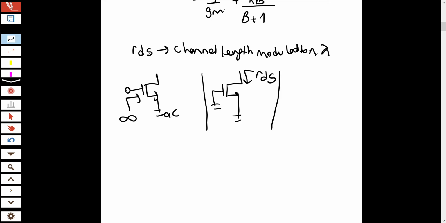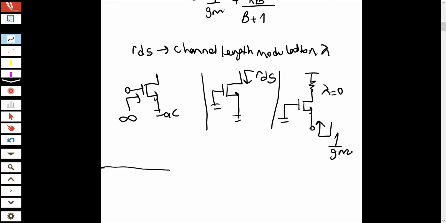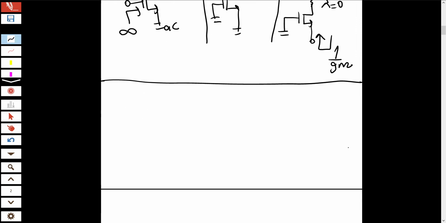Okay, let's draw the third one. When lambda equals 0, and if you look from the source side, what you see is 1 over gm. It is similar to the BJT case, and you can make the analogy.